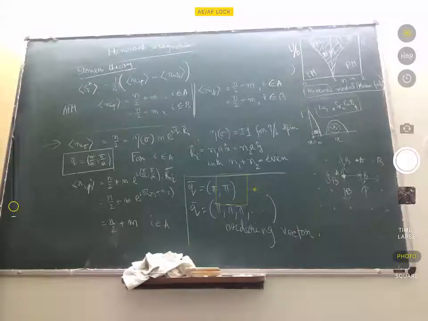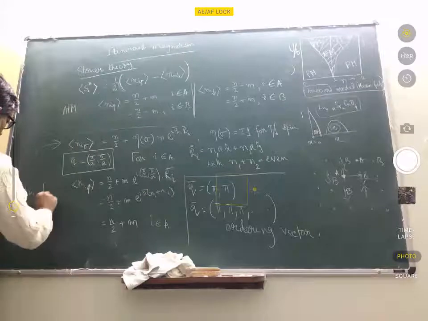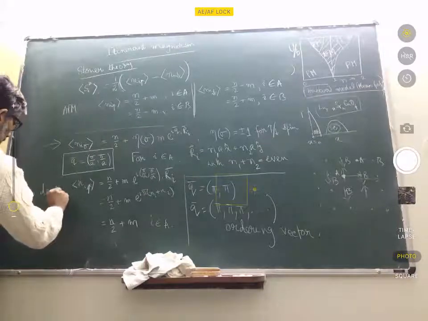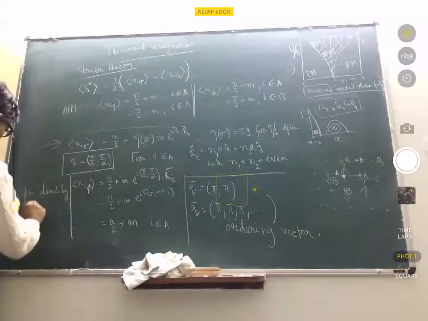If the ordering vector of the magnetic state happens to be incommensurate with the crystal structure, which does happen in materials, these are incommensurate magnetic states, or incommensurate spin density wave states. So you get the general idea of a spin density wave.